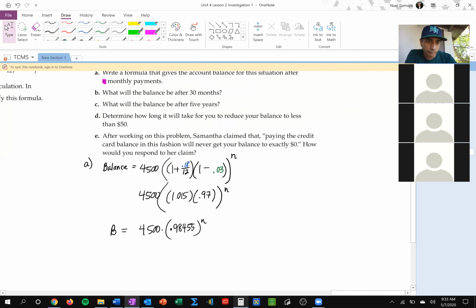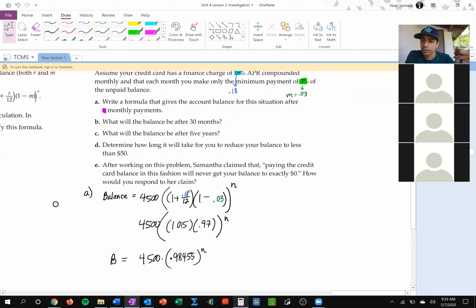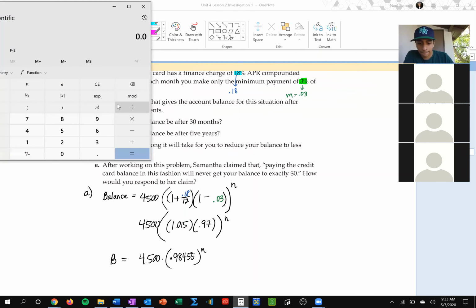If you are making the minimum payment only, which is 3% of what you owe, and remember, it's 3% of 4,500 in this case, if you were to start making that first monthly payment, your minimum payment would have to be $135, because you owe so much.